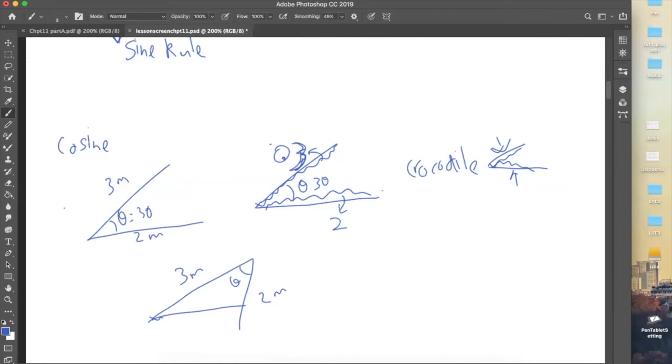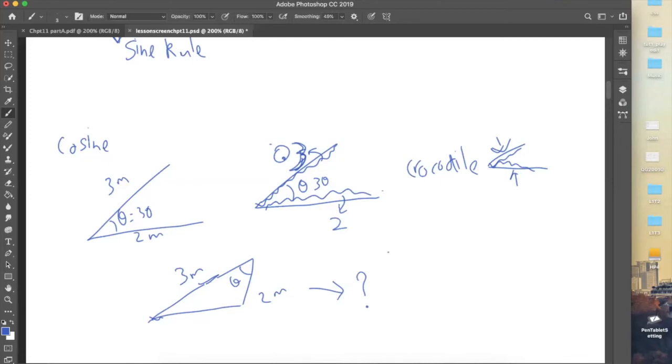Okay, so suppose like that, do you use the cosine rule? I will come up with different scenarios, then you all tell me which rule you use. How about this? Let's ask Wenping. Wenping, are you there? Get back to your computer. This one, you use what rule? 3 meters, 2 meters.